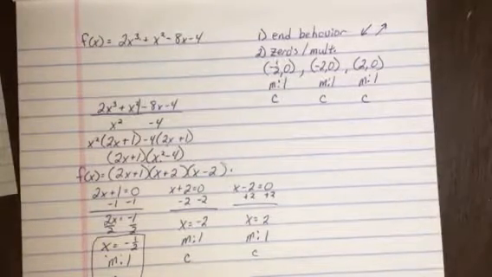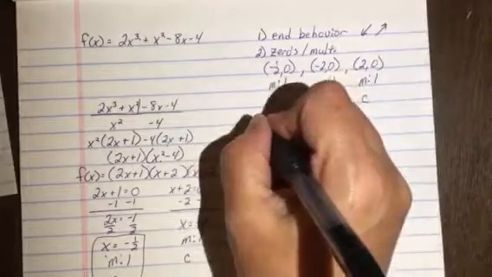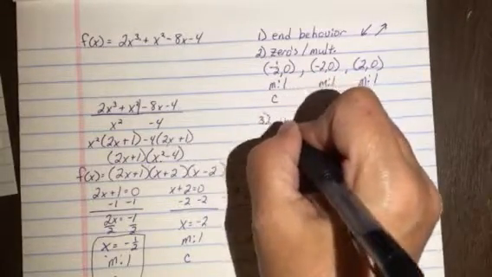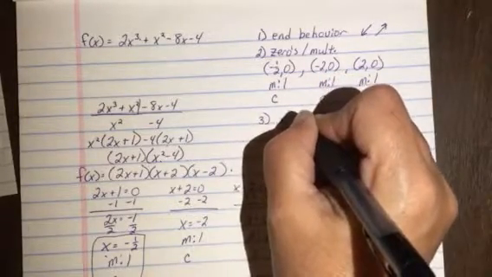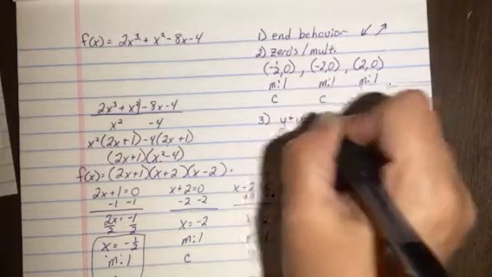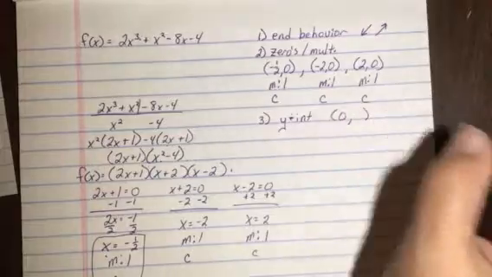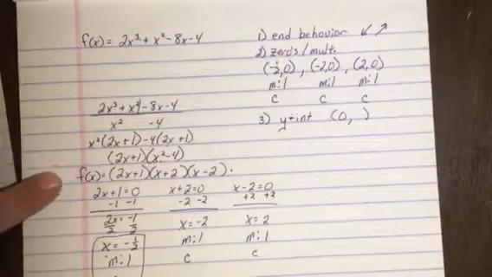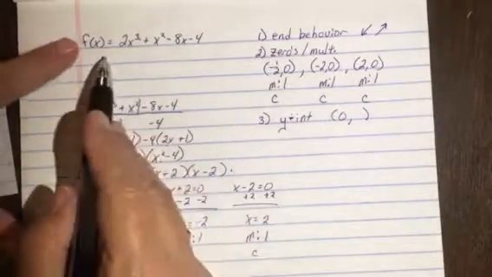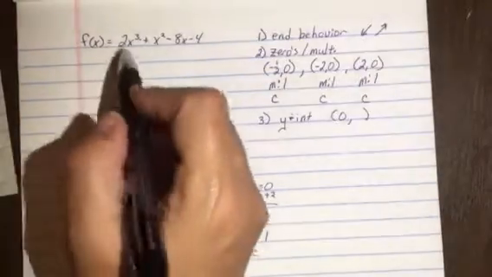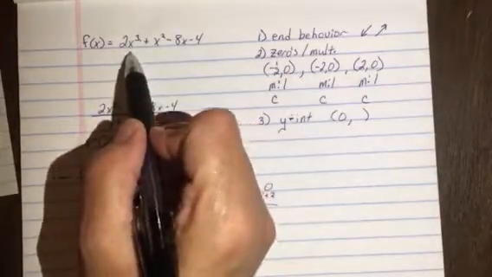All right, I have step 2 done. Step 3 is my y-intercept. And how do I find my y-intercept? I'm not going to use this format. I'm going to use this one. So I'm going to plug in 0 for each one.